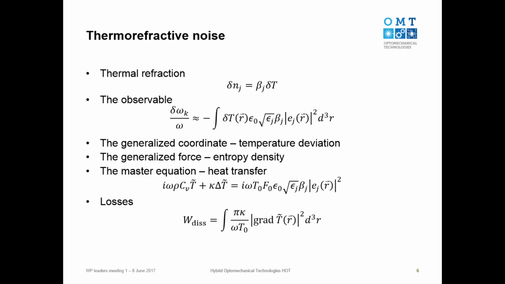If you have some fluctuations of your refractive index, for me it is straightforward that the amount of the fluctuation that is transduced to the frequency is proportional to intensity, because it's just a weighing factor that is probing your noise.